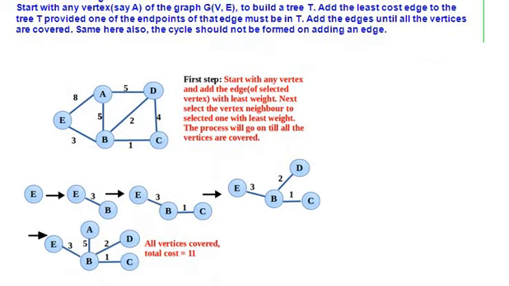So now again DA is 5, and AB is also 5. So we select AB, and all vertices are covered, and the total cost is 11.